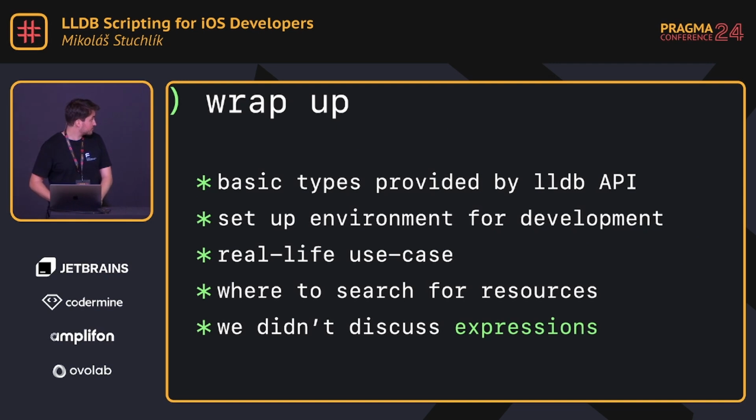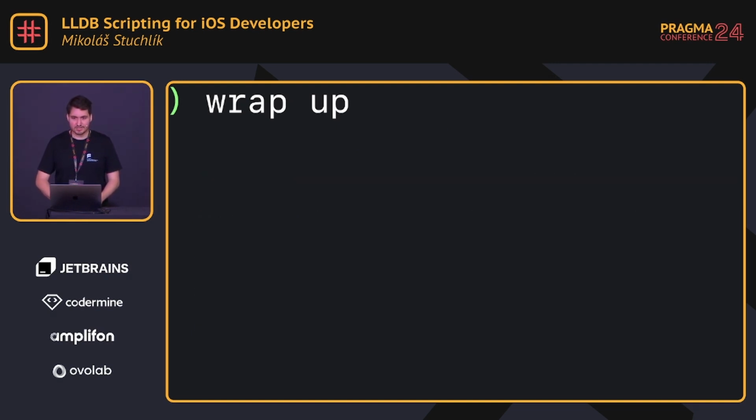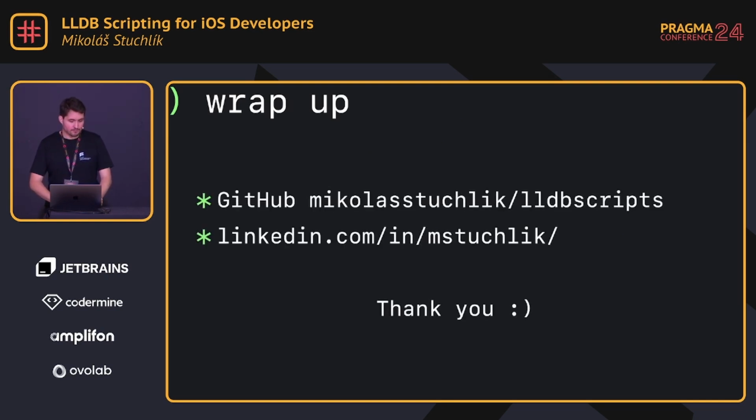But we didn't discuss expressions. It was by design, because it's even more interesting, and we don't have time for this. But if you want to see some interesting expressions, feel free to go to my repository of LLDB scripts and share your experiences with me.